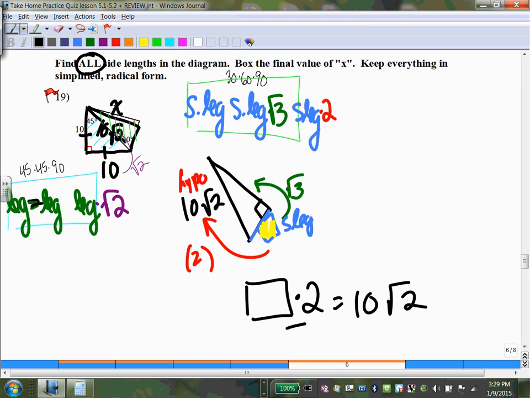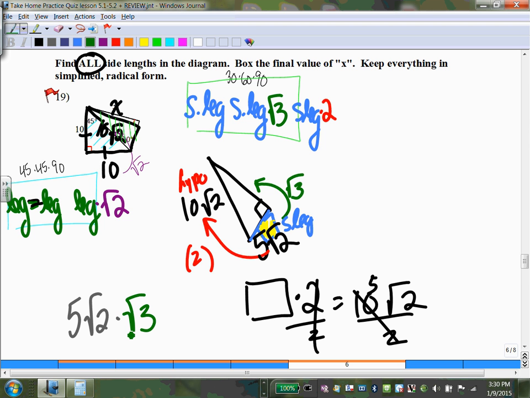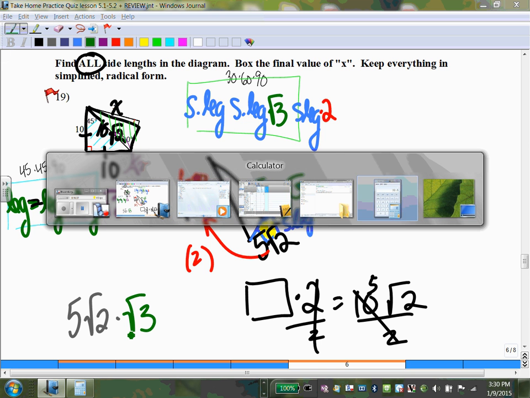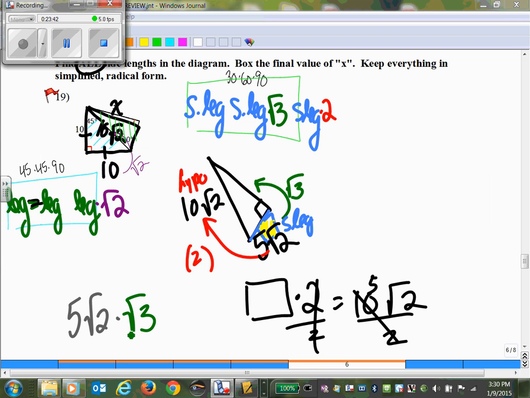Now, if you can't figure that out in your head, you actually just divide by 2 here. And you see that our something is going to be 5 root 2. Now going this way, you do 5 root 2 times root 3. That gets you your long leg. And you're done. Finish that on your own. You know what I say?